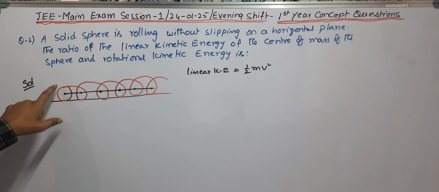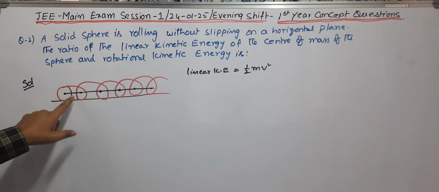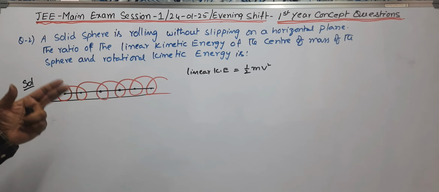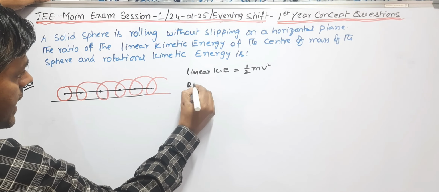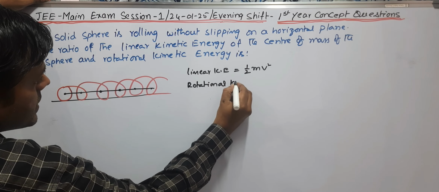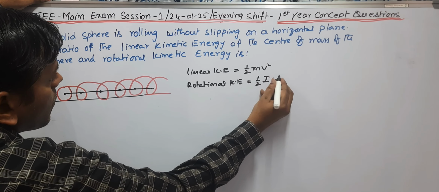But here the solid sphere is rolling without slipping, that means it rolls. Any rolling body has rotational kinetic energy. What is that? Rotational kinetic energy is generally half I omega square.